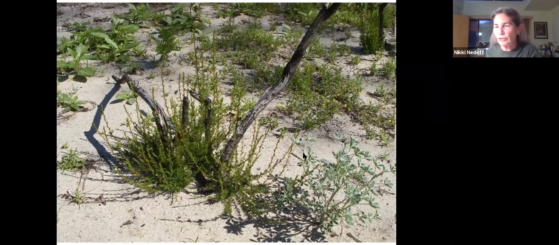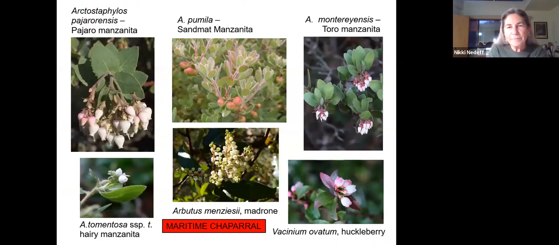It's an adaptation to periodic burning that's related to a fire regime, a particular pattern and a particular seasonality over long periods of time, where these plants have adapted to dealing with that kind of disturbance.